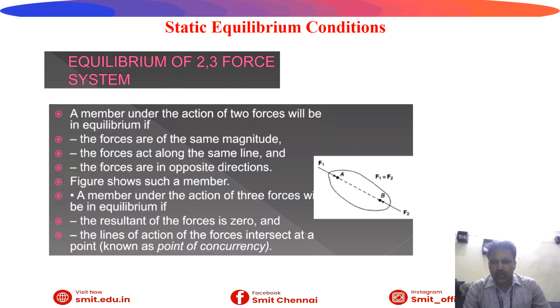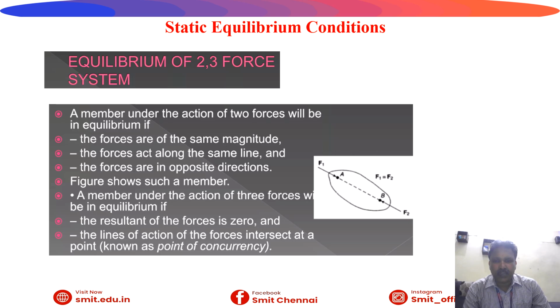One object or one particle is there. One of the forces acts in one direction, let it be F1, and another force acts along the same path but in the opposite direction, that is F2. Only the direction differs, but the magnitude is the same. Therefore F1 equal to F2.